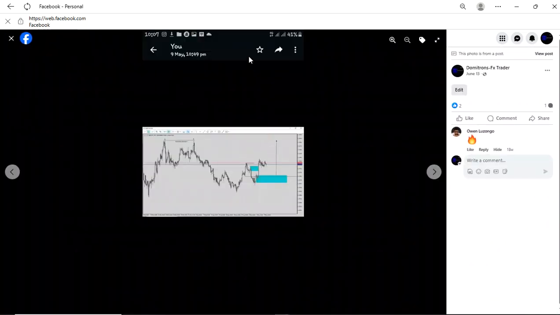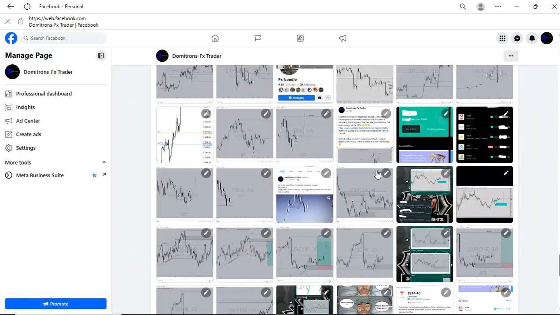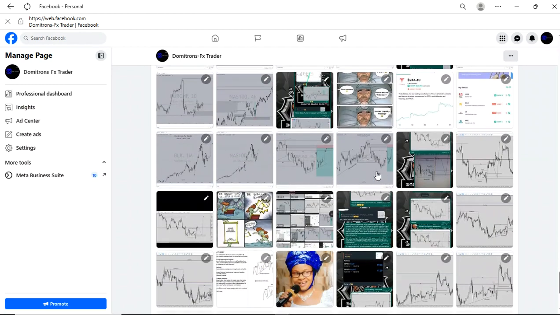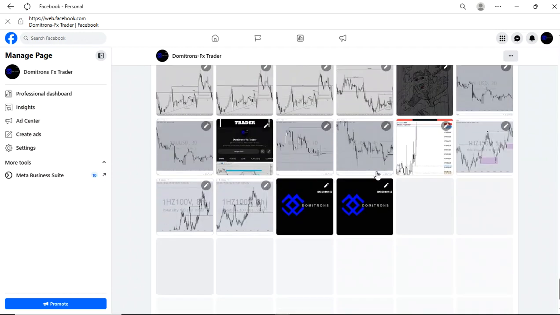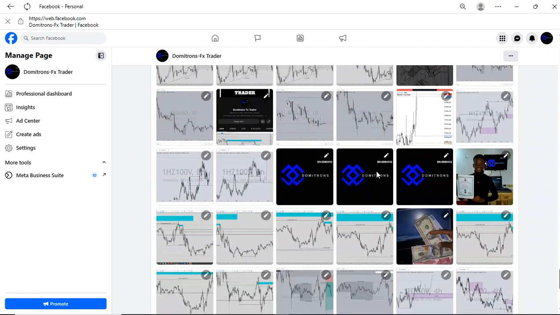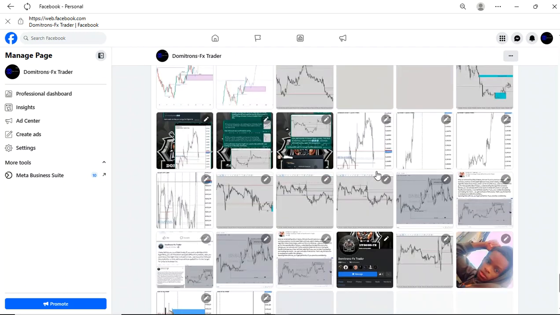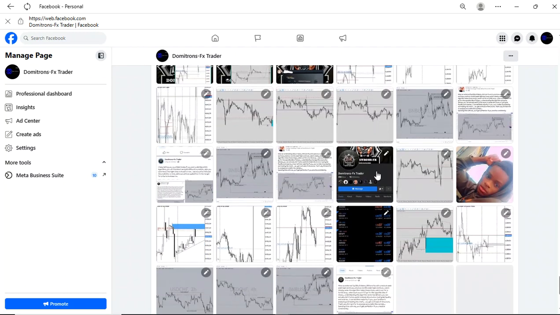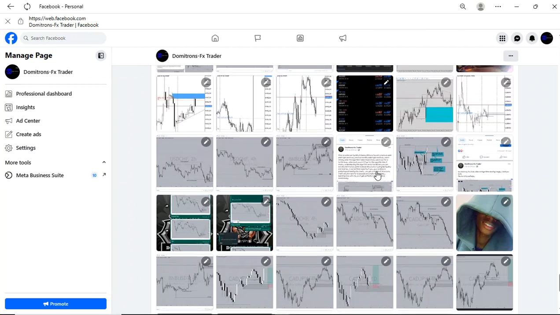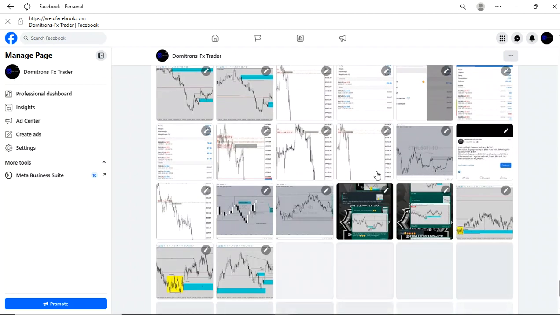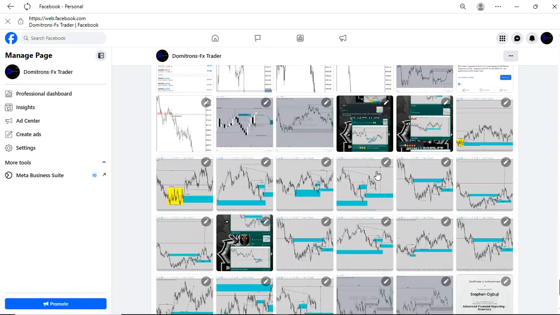Okay, no, this is not it. So let's keep scrolling downwards. We actually see it. Okay, if it happens that we can see, then we still continue nevertheless.